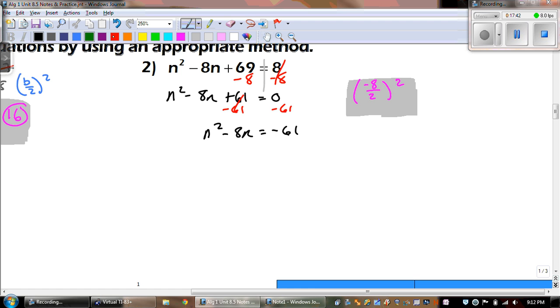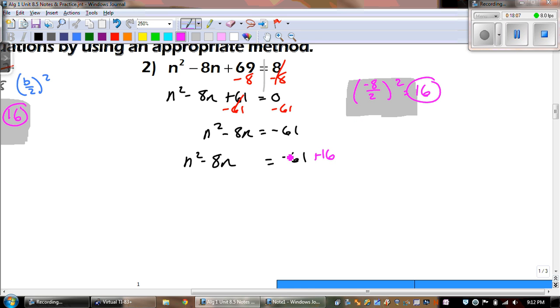And that is from step 2 from up above, where it says add b over 2 squared to both sides of the equation. All right, so we have n squared minus 8n, and that's where we're going to add our new number. Negative 8 divided by 2 is negative 4, and negative 4 squared gives us 16.